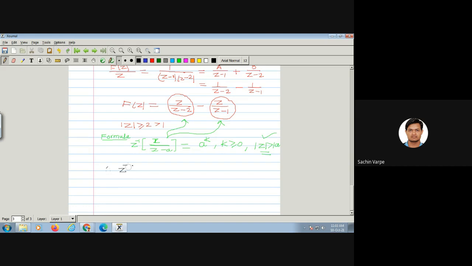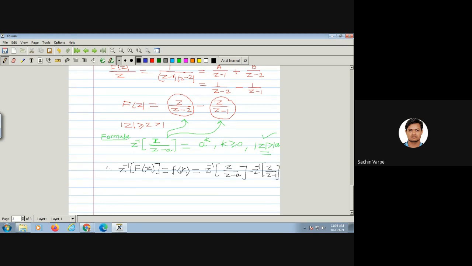Inverse Z transform of F of z is f of k, a function of k, and that is equal to the inverse Z transform of z upon z minus 2, minus the inverse Z transform of z upon z minus 1.